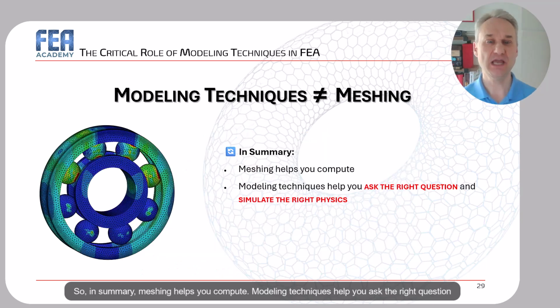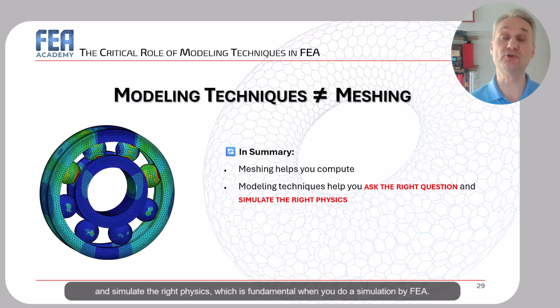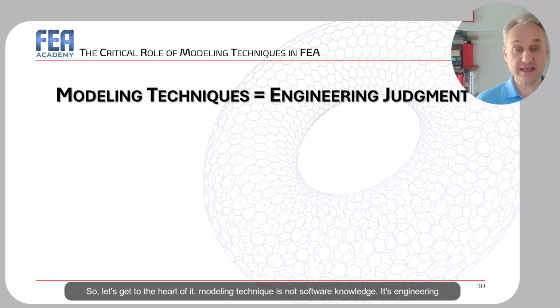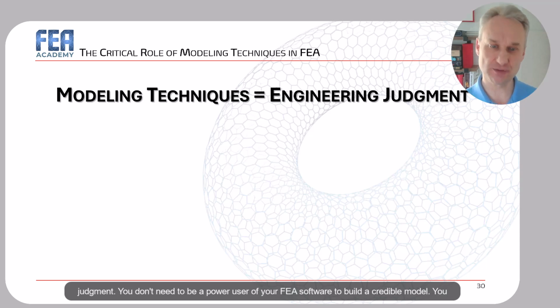So in summary, meshing helps you compute. Modeling techniques help you ask the right question and simulate the right physics, which is fundamental when you do a simulation by FEA. So let's get to the art of it. Modeling technique is not software knowledge, it's engineering judgment.